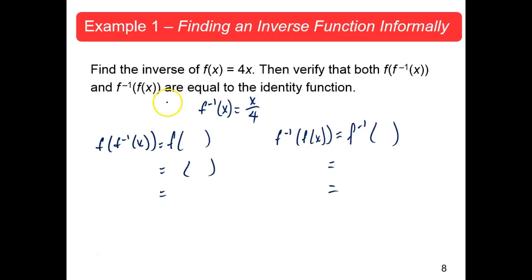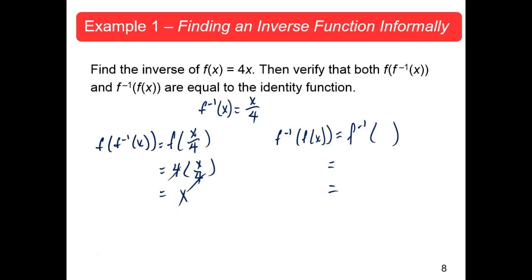Okay? So f of f inverse would then be f of x over 4, and the f function takes the number 4 and multiplies by what's inside. That would be 4 times x over 4, and guess what you get? x.